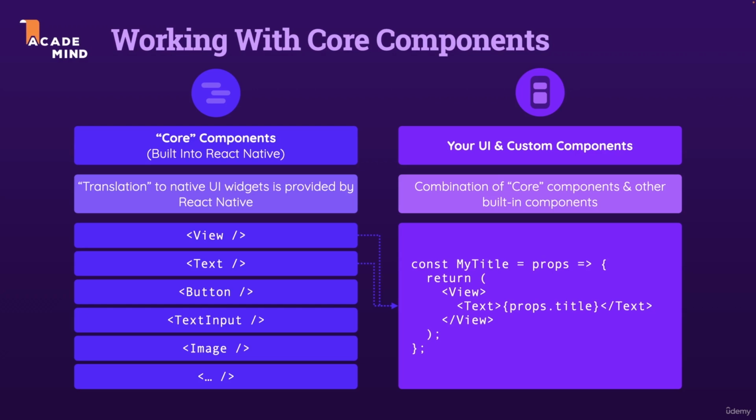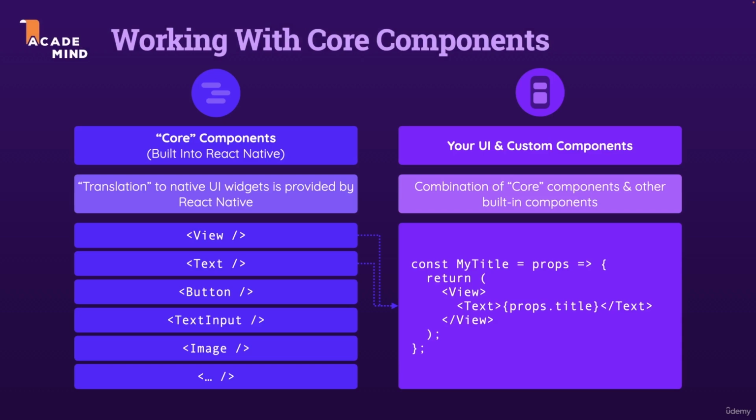So in the end, we just compose our components by combining those core components. And if you think about it, that's the same for React for the web. HTML happens to have more elements. There are H1, H2 elements, divs, articles, section. There are many HTML elements, but in the end, you also just combine those HTML elements to build the web user interface. It's the same here for native apps. So that's what we do with those components.